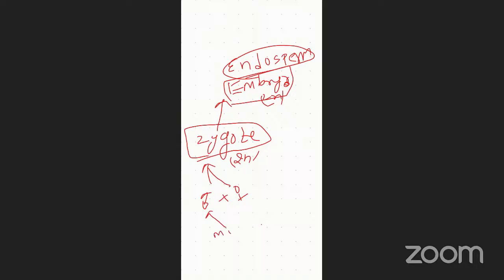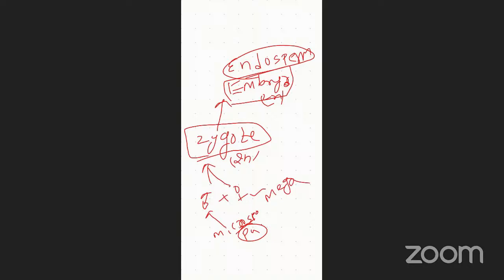Here the male gamete develops from the microspore, and the female gamete develops from the megaspore. So here the microspore and megaspore, right?